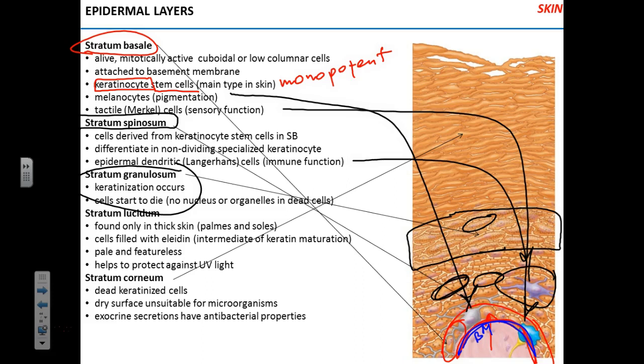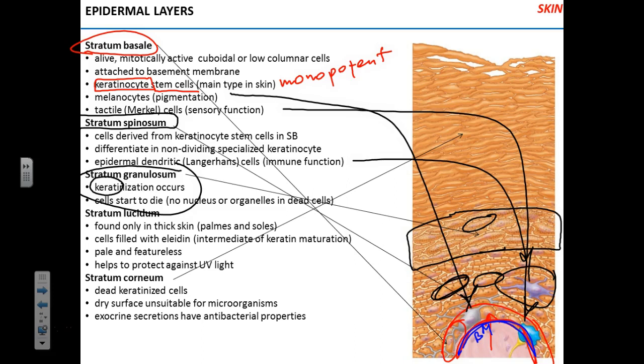Cells in the stratum granulosum start to die. They're not yet dead, but they're not totally alive. They produce an enormous amount of the protein keratin. The process of that overproduction of keratin is called keratinization. When keratin is overproduced, it essentially kills the cell.